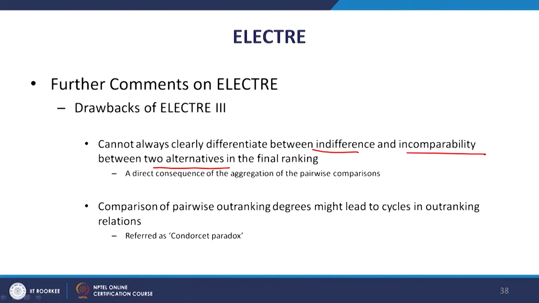Now the second drawback of ELECTRE III is that comparison of pairwise outranking degrees might lead to cycles in outranking relations. This is referred to as the Condorcet paradox.